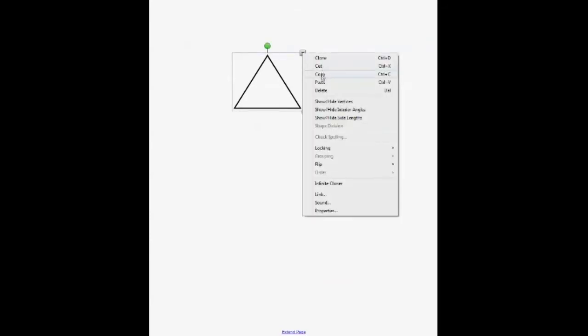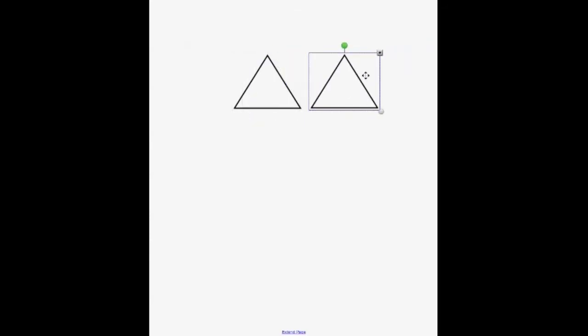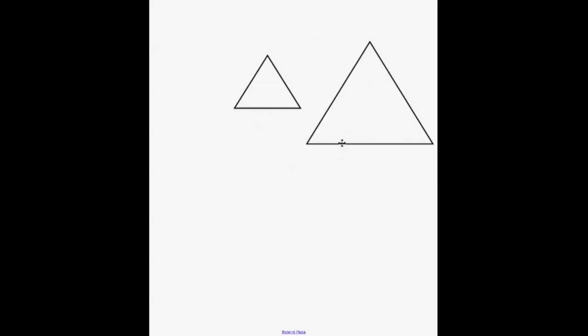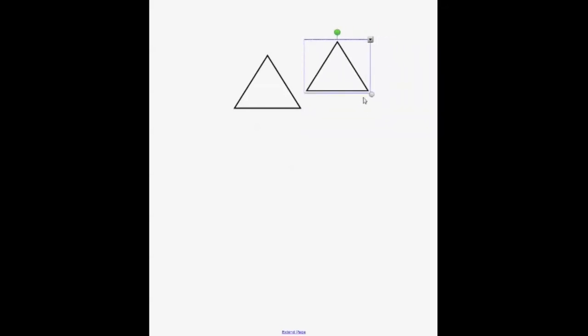I'm going to draw a triangle, just any old triangle. And if I were to clone this, I have congruent triangles. But now, since I've stretched it out, I have similar triangles. The angles never changed. Doesn't matter what the angle measurements are, they're always going to be similar. These are going to be proportional sides.